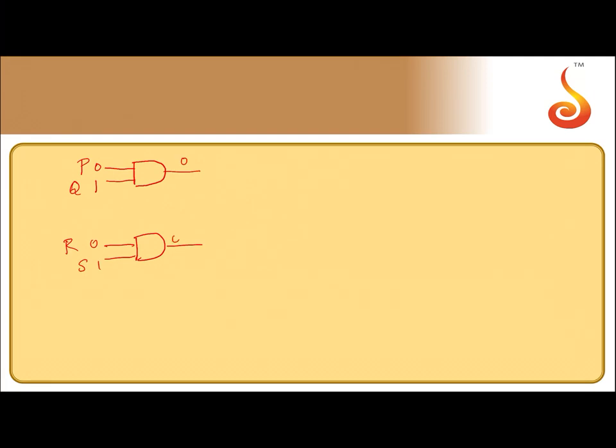Now this will turn out to be 0, this will turn out to be 0. There is NOT gate here, so it will become 1. Now this comes to X, so X is equal to 0 now, and this becomes Y, Y is equal to 1. Now this is fed to NOR gate.